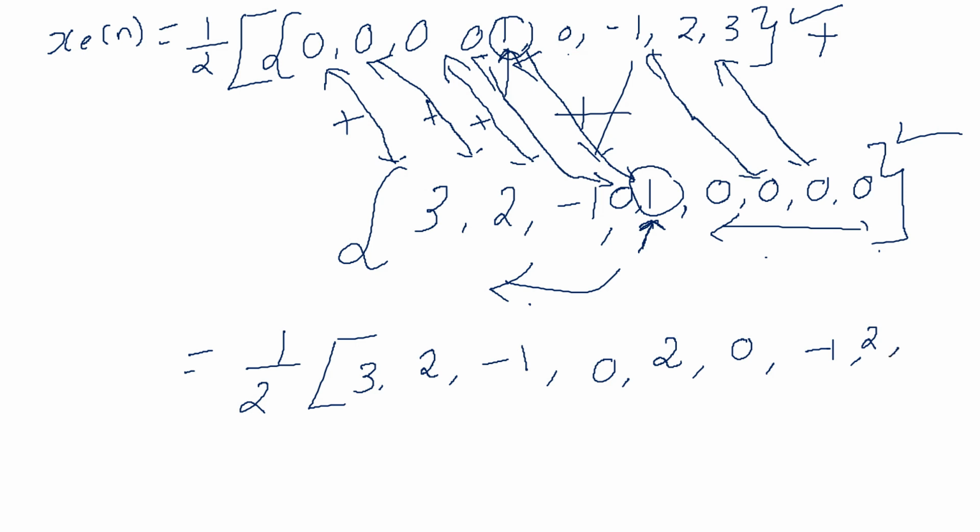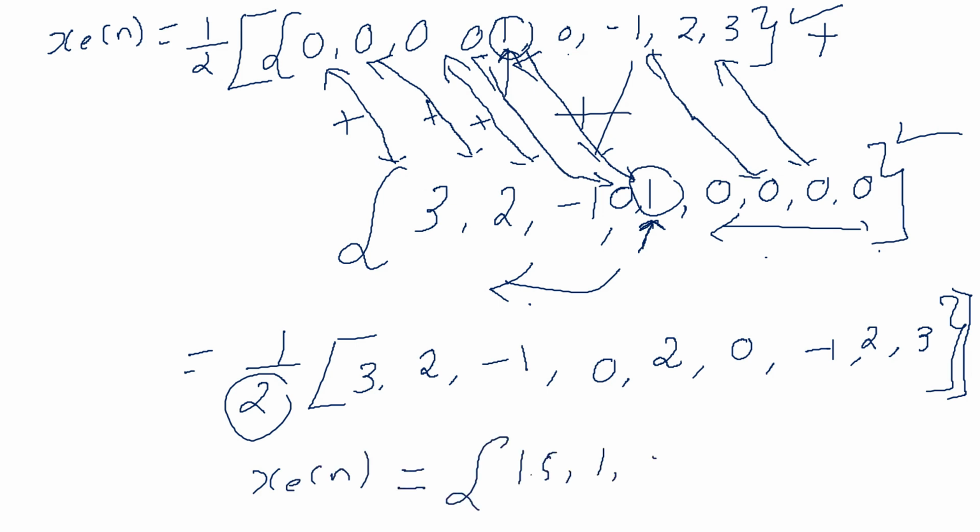So 2 comma 3, right? So after division, the xe of n I can write it like this: 1.5, 1, minus 0.5, 0, 1. ഈ ഓറിജിൻ കറക്റ്റായിട്ട് വരയ്ക്കണം, അല്ലെങ്കിൽ തെറ്റിപ്പോകും. 1 comma 0 comma minus 0.5 comma 1 comma 1.5.